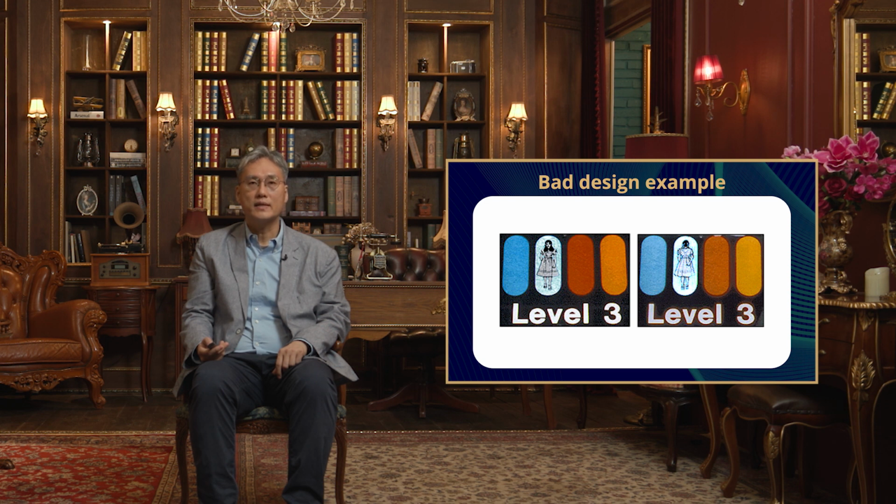While they are identical in terms of the text label, color code, and positional code, the only difference between them is the direction of the human figure. Even the difference would not be easily detected at a glance. You have to very carefully examine the human figures.